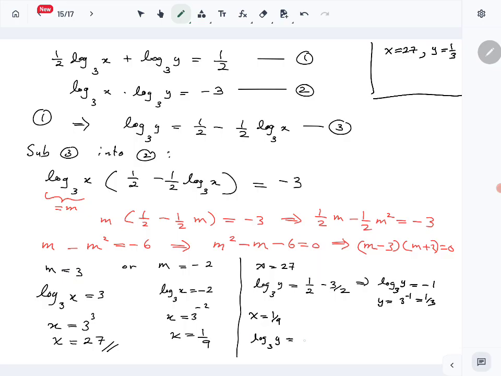Log 3 y is half, you have minus half minus 1, right? No, minus 2. Log 3 of 1 over 9 is 3 to the minus 2, minus 2. So this becomes minus 1 plus 1, 3 over 2, right?